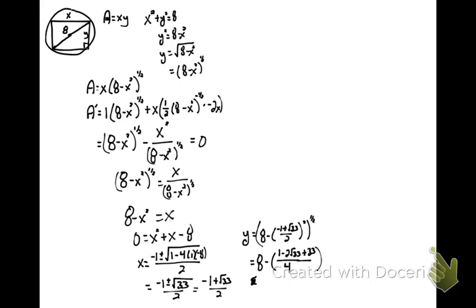What is this? 32 over 4 minus 34 over 4. What a gross problem. Plus 2 times root 33 over 4.